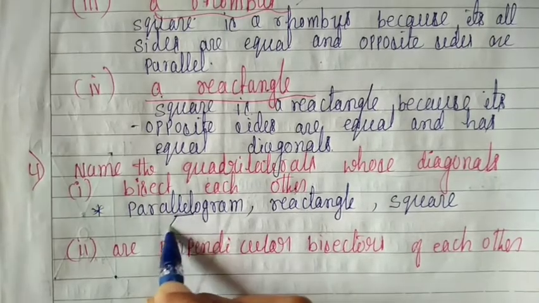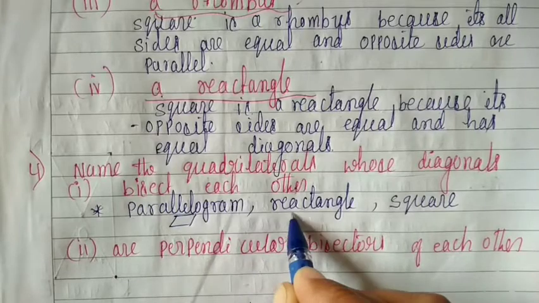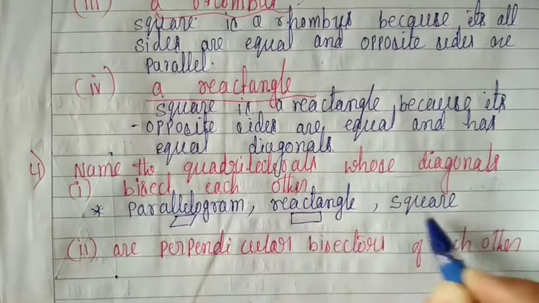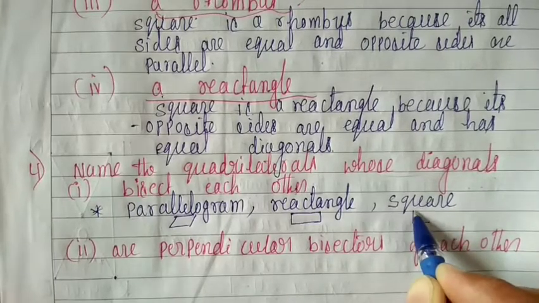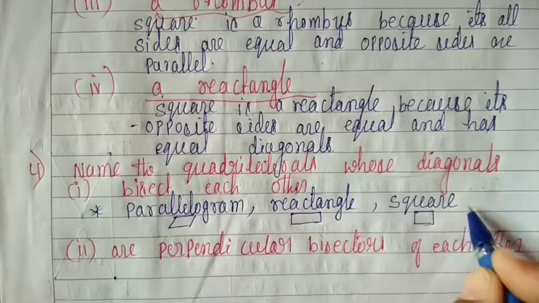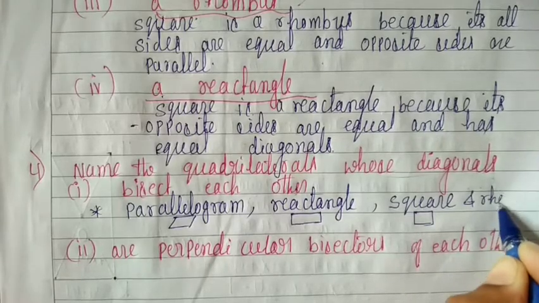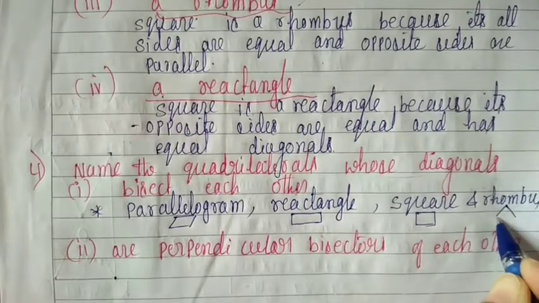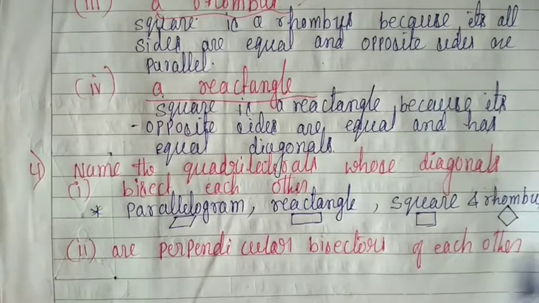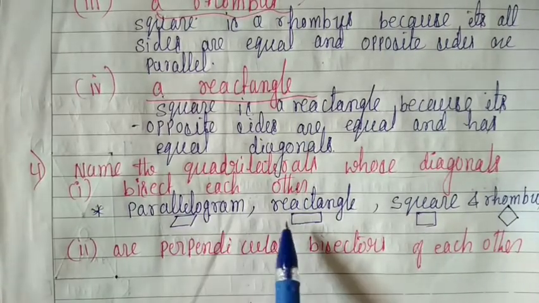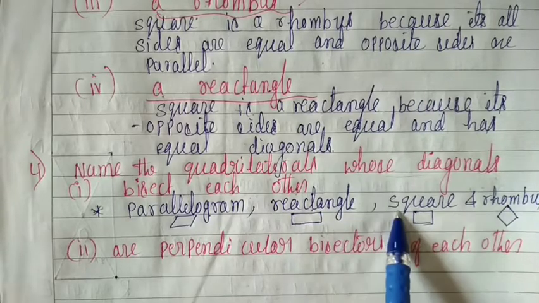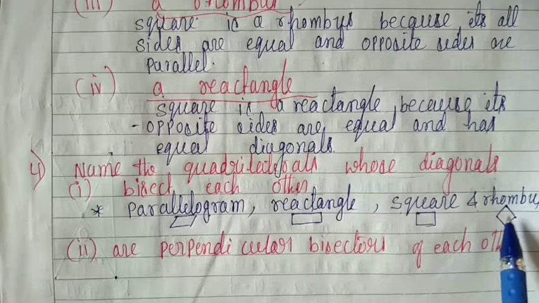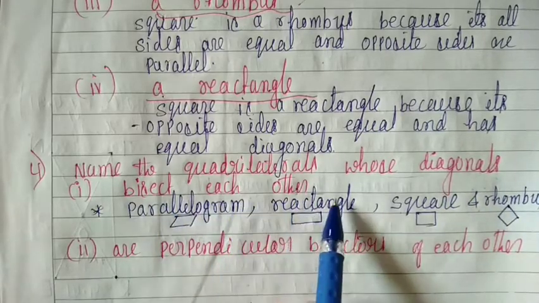This is parallelogram, this is rectangle, and this is square, and the last one, rhombus. Look at this, dear children. Parallelogram, rectangle, square and rhombus are the ones whose diagonals bisect each other.